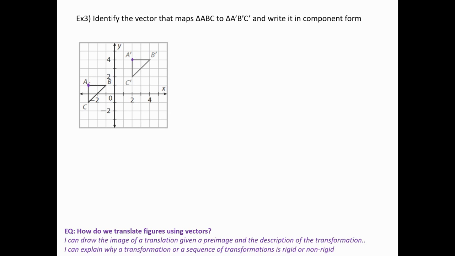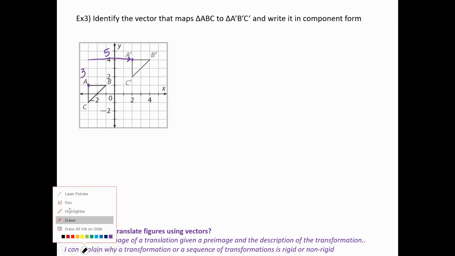To get from A to A prime, I go up 1, 2, 3, and I go to the right 1, 2, 3, 4, 5. I'm going to redraw that arrow because it's a little bit irritating. Here we go. It's a little better.